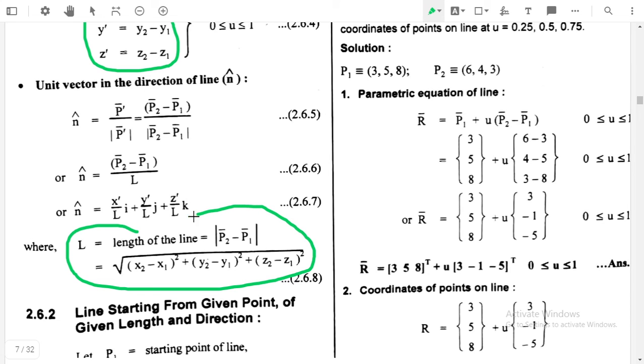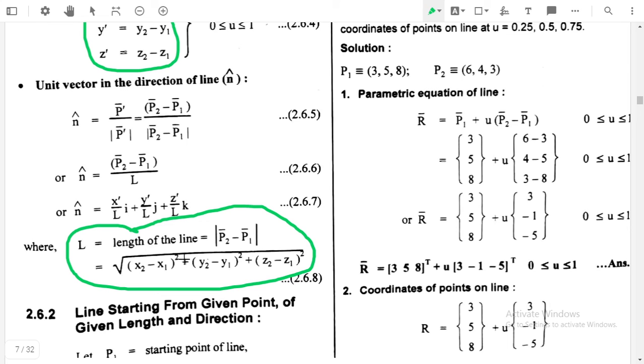suppose there is a line which starts at the point p1 and ends at the point p2, and p1 has coordinates x1, y1, z1, and p2 has coordinates x2, y2, z2. Then what is the length of the line?